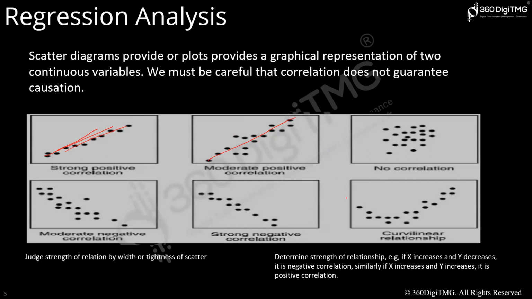And then you have no correlation where the data is scattered. You have moderate negative correlation. The graph is moving downwards. And strong negative correlation is the opposite of strong positive correlation. And curvilinear relationship is when you have a curve to your data.